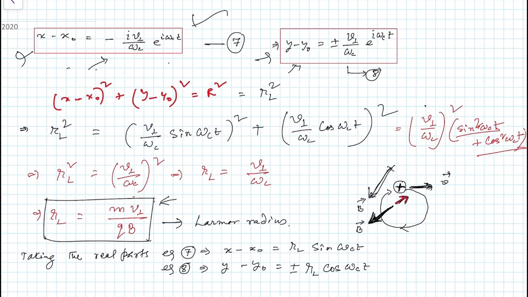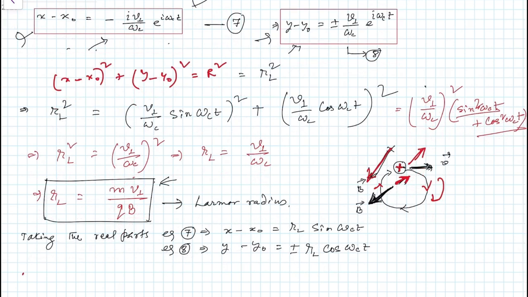If it is moving in this direction, then this is the positive charge. How do we determine the magnetic field due to this charged particle? For this, you need to use the right hand thumb rule. If you curl your fingers other than the thumb in the direction of motion of the charged particle, then the thumb points in the direction of the magnetic field due to this charged particle.